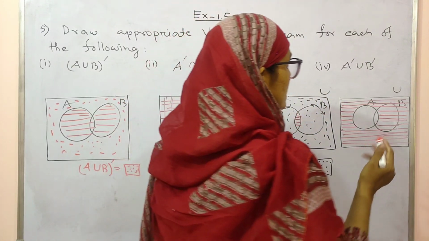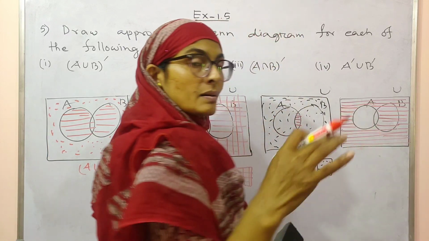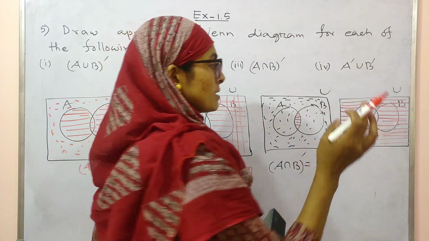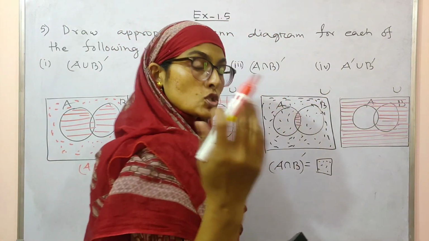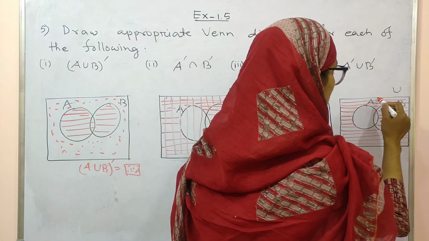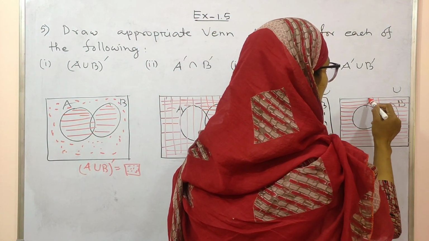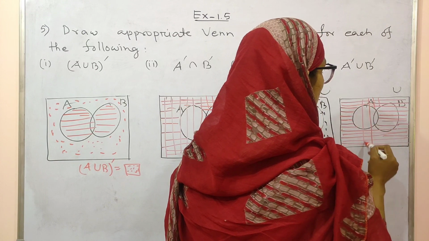Next, B complement, elements belong to U but do not belong to B. So, this part.